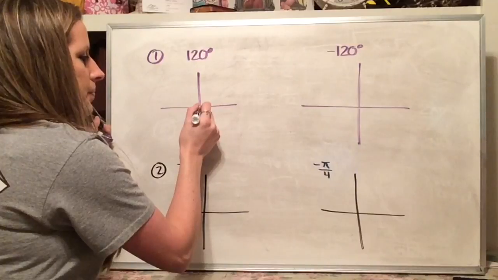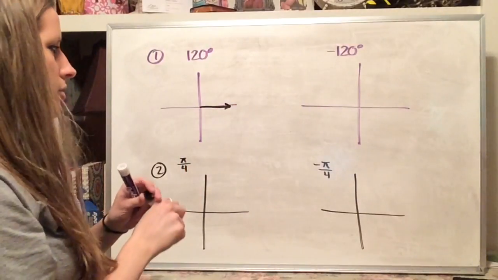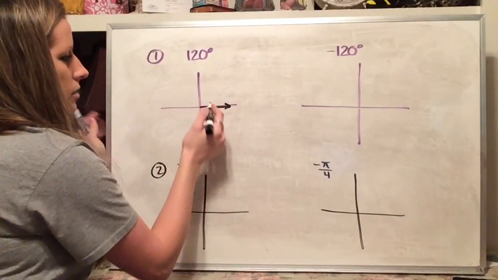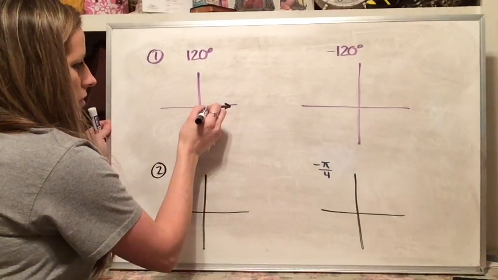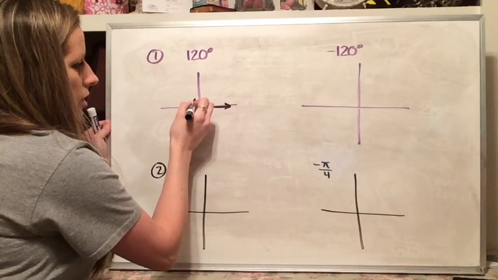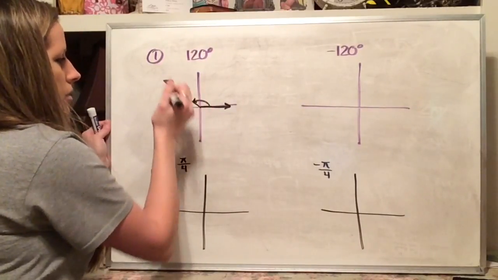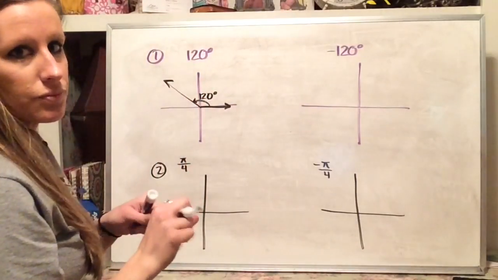So, we're always going to have that initial side on the x-axis, right? So you can go ahead and draw that. And then you want to go 120 degrees counterclockwise since it's positive. So I'm going to start here. I'm going to go past 90, about 30 degrees. So this is going to be my 120 degree angle.